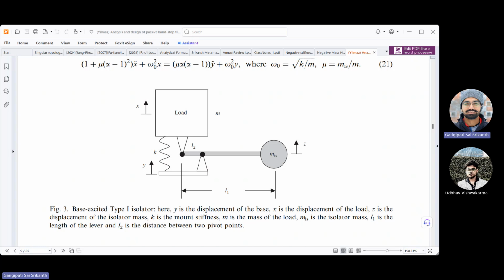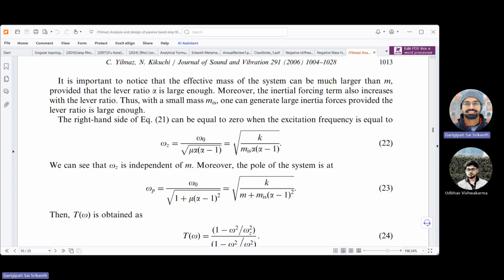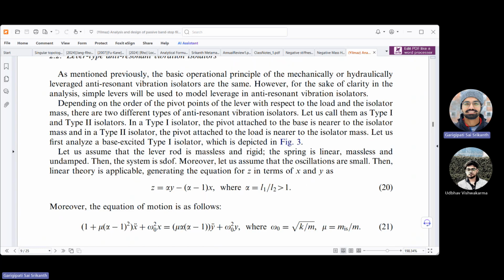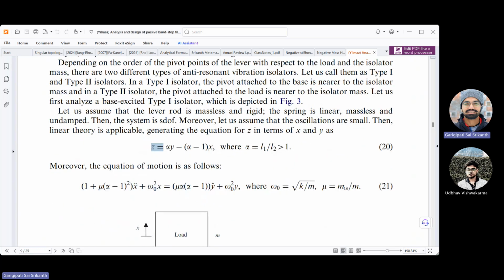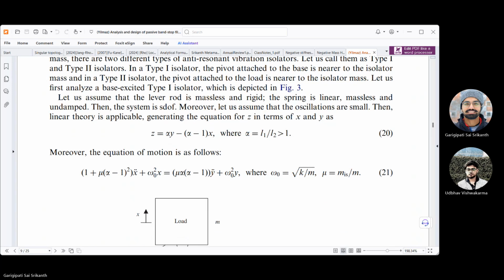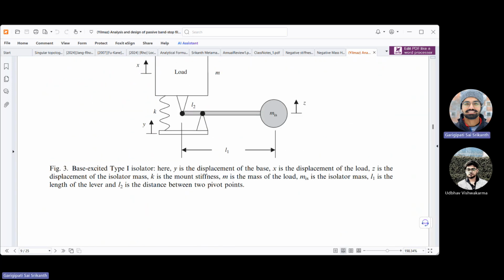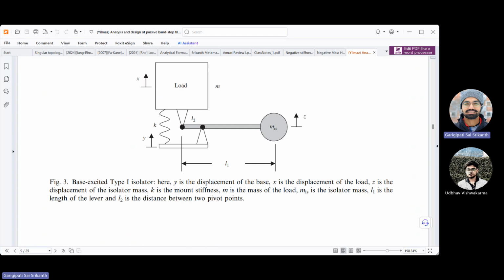When the load goes up and down, the seesaw makes sure that the mass M_IS here moves, shown by the displacement Z. So Z is linked to X. I think there must be some equation about the linking of Z. Yeah, this is the equation. So the idea is you should maximize Z for a given X.